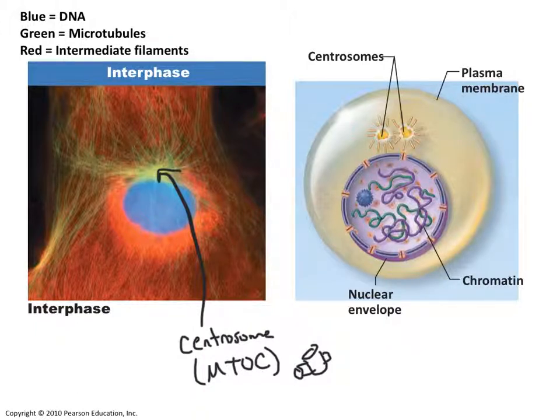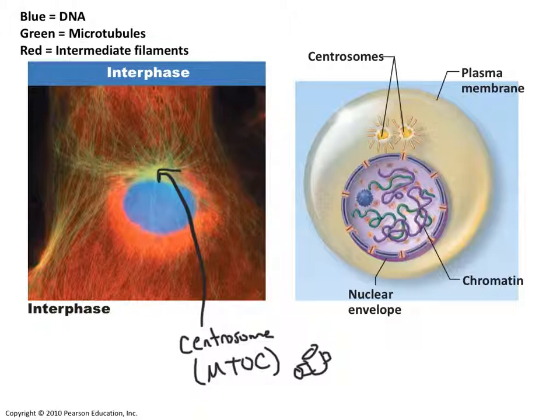Microtubules in this cell radiate outwards from the centrosomes. You can see there and there. The centrosome actually replicates during interphase as well, so by the end of S phase, the cell has two centrosomes. Non-dividing cells only have one.